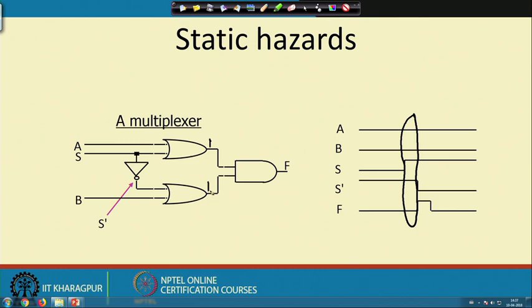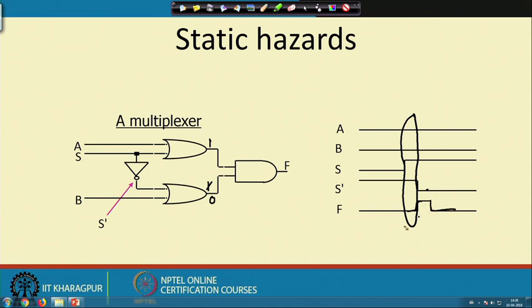So, here also you get a 1. So, this AND gate's inputs are 1. After the gate delay of this AND gate, this signal will go to high. After some time this S will become equal to 0. So, this lower OR gate will become equal to 0, and then after the AND gate delay, this will come down to 0.